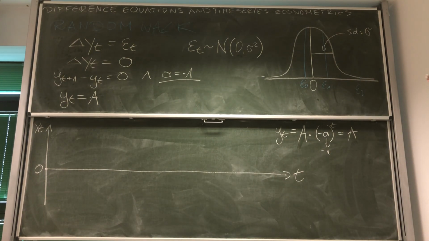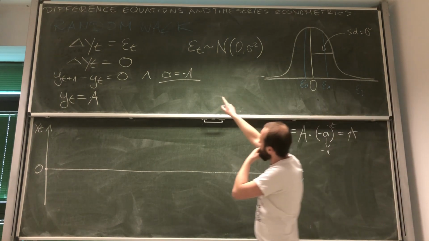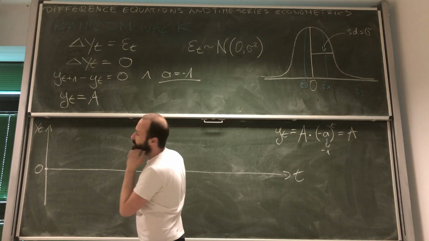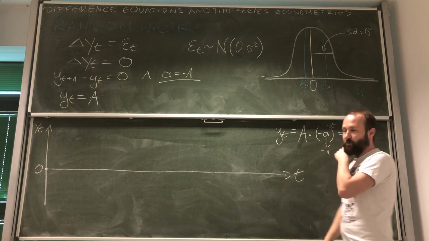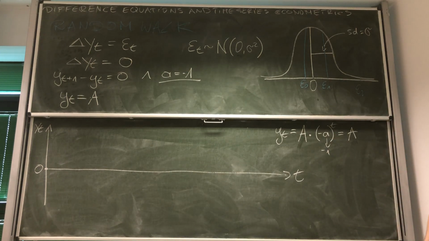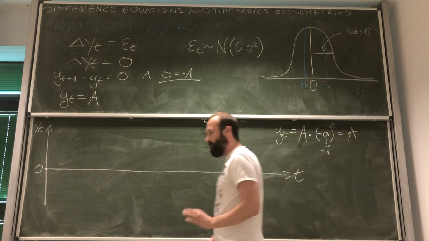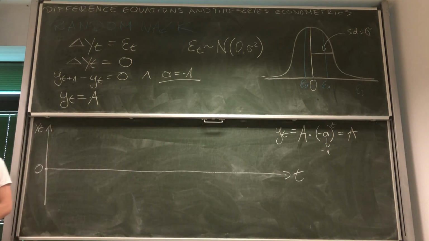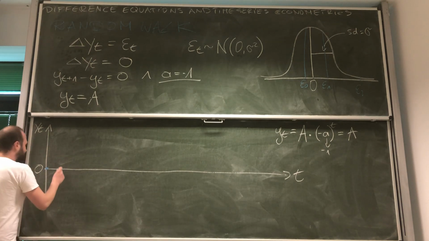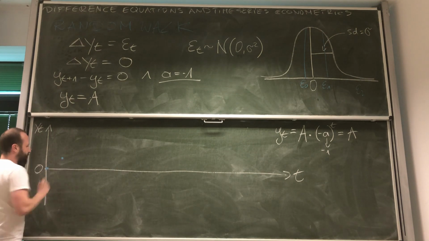Okay, but how does the disturbance term that we've introduced come into play over here? Look, it comes in a very specific way. Let's imagine that we start over here. Now, first, we have, let's just say, a small positive shock.